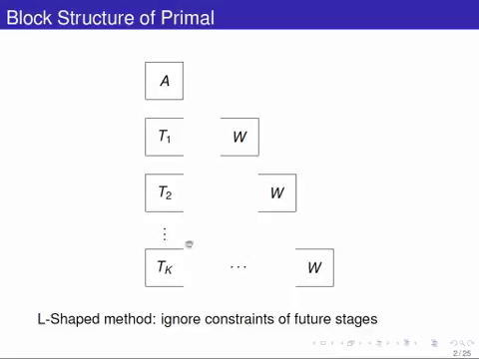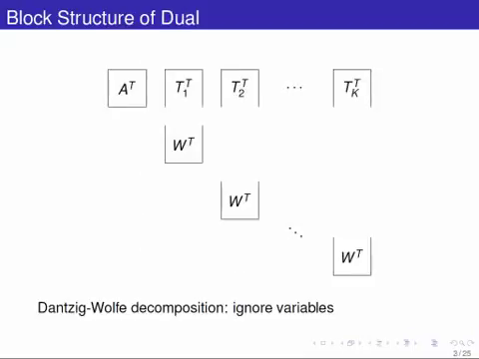So you ignore a bunch of these constraints, and you solve a small master, and then you add these constraints indirectly through optimality cuts. On the other hand, when you have a linear program that looks like this, you're in good shape for Dantzig-Wolfe.